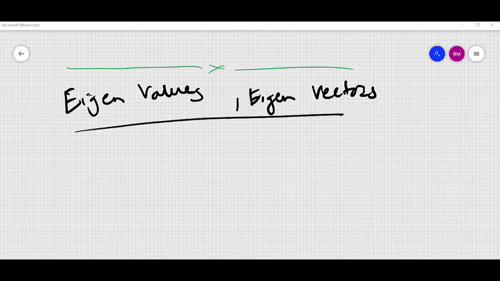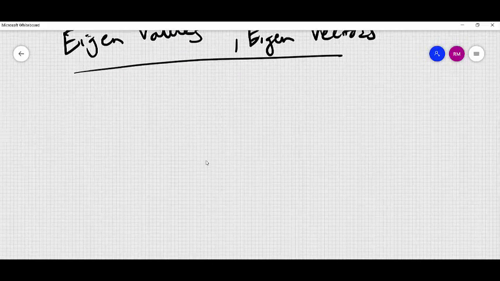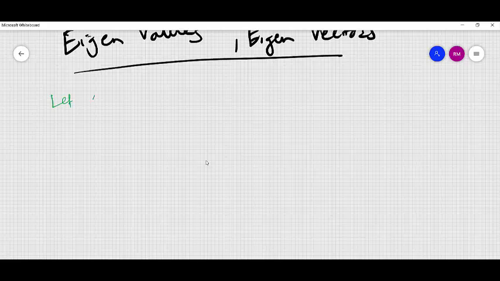Okay, we will start with the help of the definition. Let A be a given non-zero square matrix of order n.